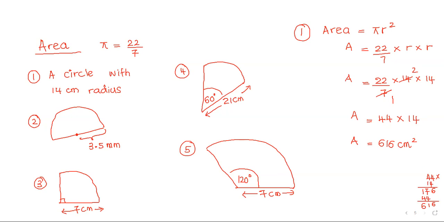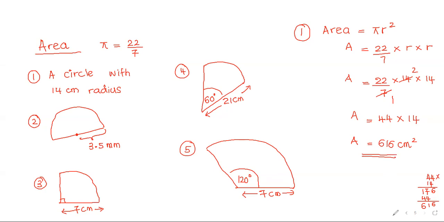Then I want to add them together. 6, 7 plus 4, 11. And 1 plus 4, 5. And the remainder 1, it is 6. 616 is the area of the first circle they have mentioned with the radius 14 centimeters.